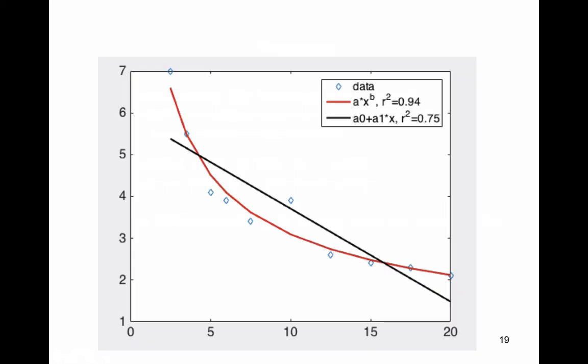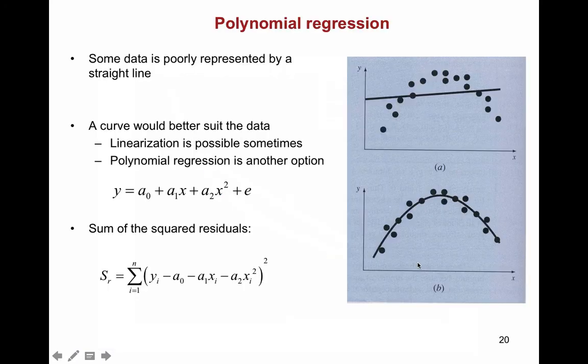And again, this is approximately how my data fits, linear fit and power law. Okay, you pretty much know the gist of curve fitting. Now the question is always, what are you trying to fit? What is the functional form that you're trying to fit your data into?